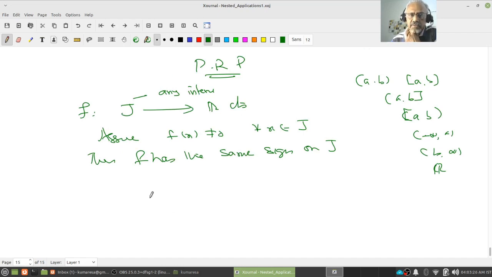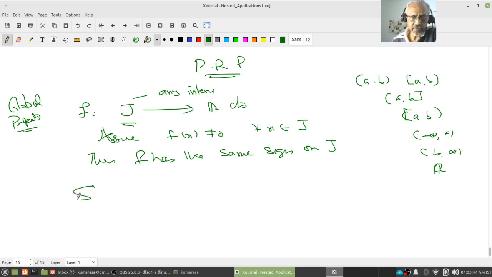This is what we want to prove. So this is the global version, the global property. But remember, we want the domain to be an interval. We use the fact that it's an interval.